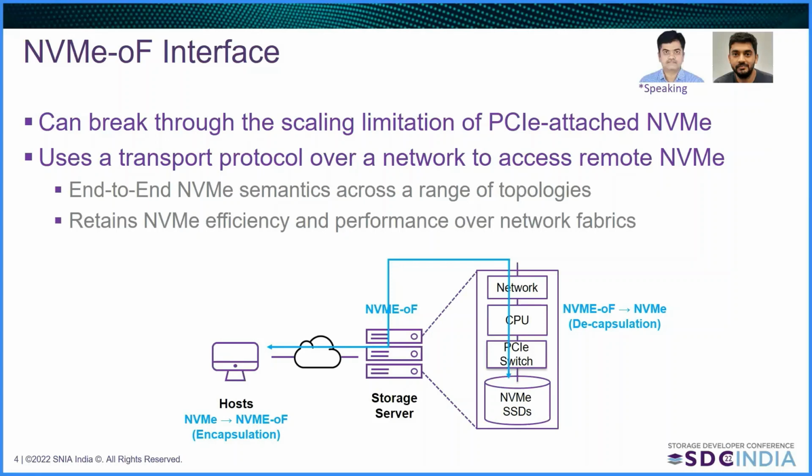It performs encapsulation and decapsulation at each layer of the software stack to maintain end-to-end NVMe semantic across a range of topology. In this illustration, you can see how an NVMe command traverses from host to the SSDs connected onto the server via NVMe over Fabric network.